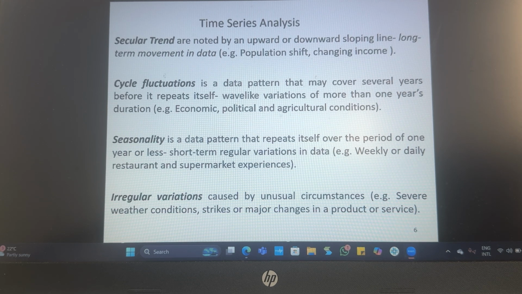And seasonality is the data pattern that repeats itself over a period of 1 year or less. Short-term, regular variation, data weekly, daily, restaurant and supermarket experiences. There's a seasonal variation. And the irregular variation is caused by unusual circumstances, severe weather conditions, a dry situation or a typhoon situation, a strike or major changes in the product or service.